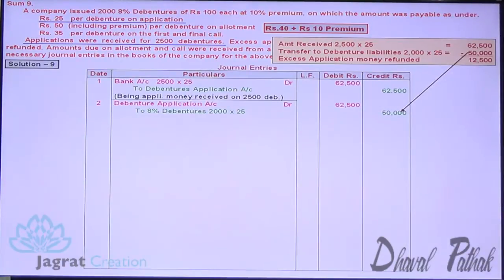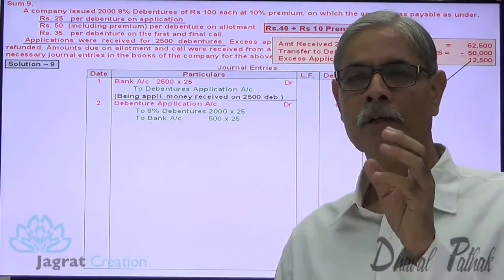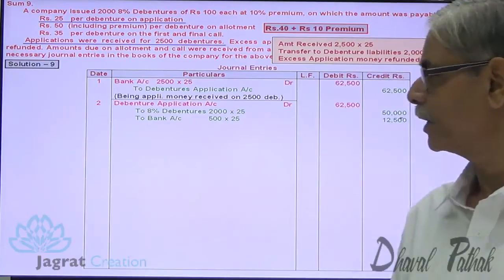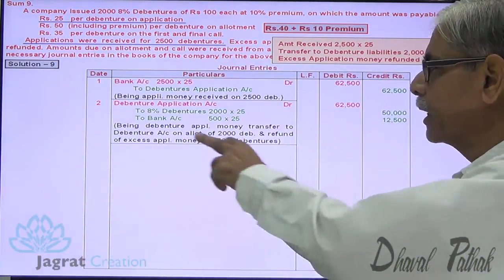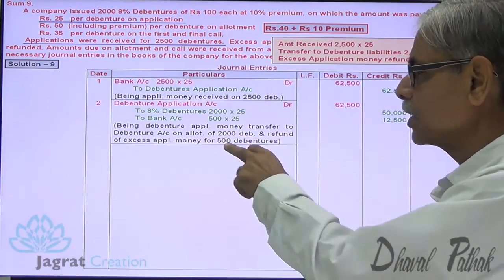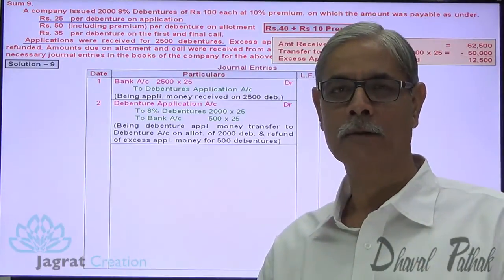And the excess money is being refunded, bank account credit 12,500. This is how the journal entry for allotment of debentures gets recorded. Narration: being debenture application money transferred to debenture account on allotment of 2,000 debentures and refund of excess application money for 500 debentures. This is how narration gets recorded.